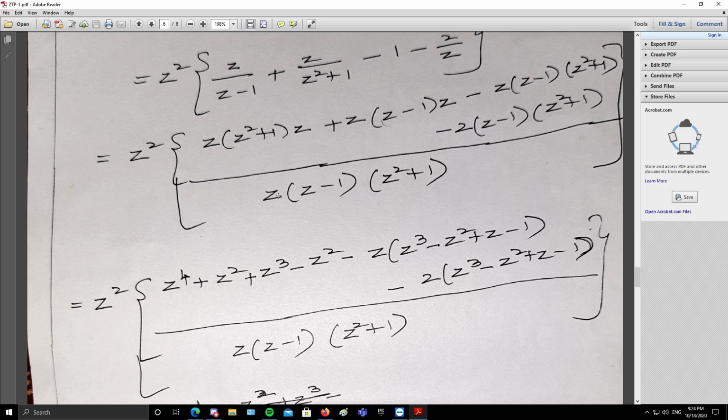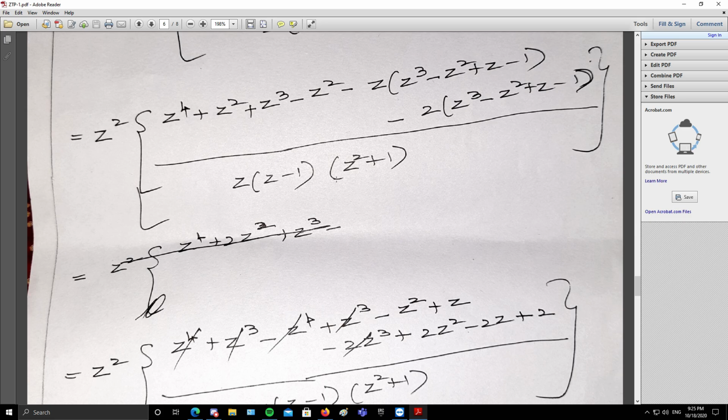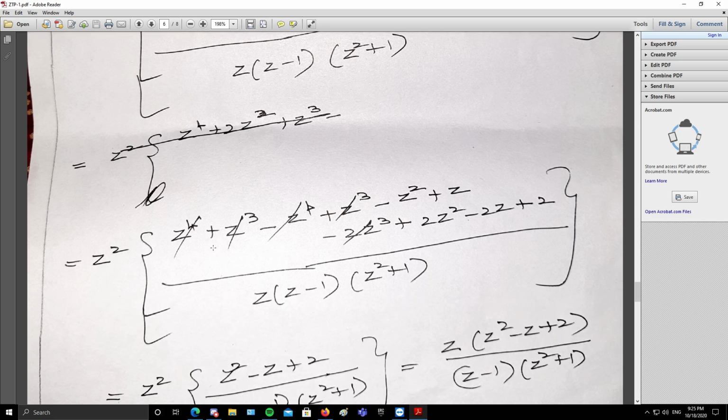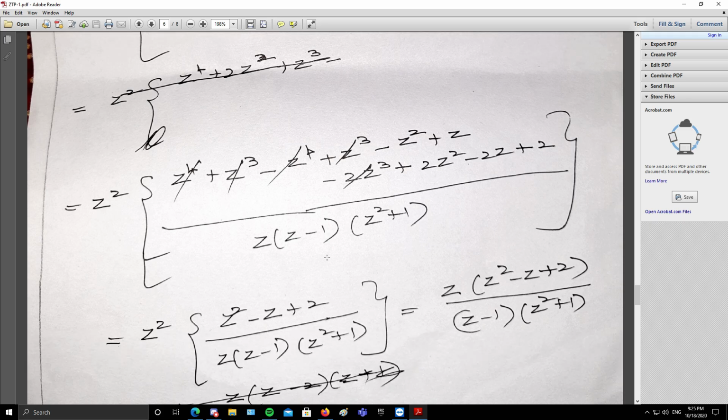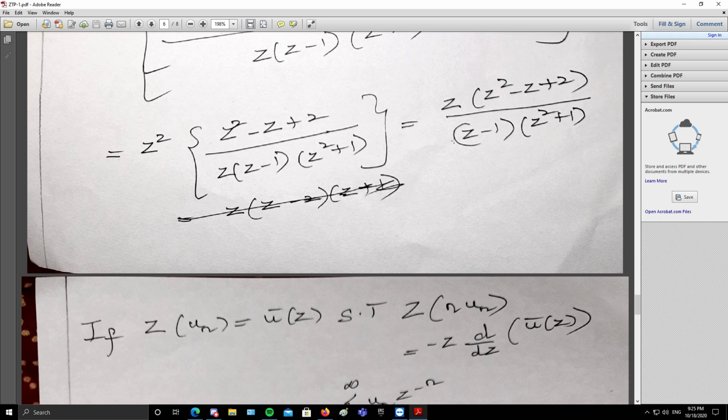So the LCM is z into z minus 1 into z square plus 1. On simplification, you get z square into z into z square minus z plus 2 by z minus 1 into z square plus 1. So take the LCM and simplify. On simplification you will get this expression.